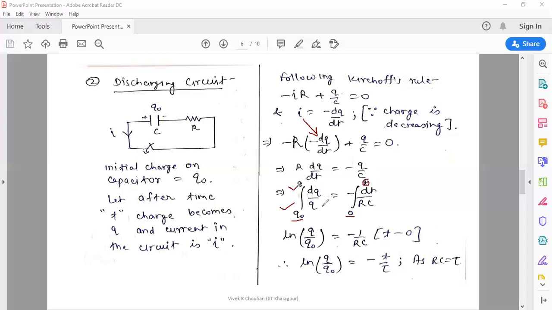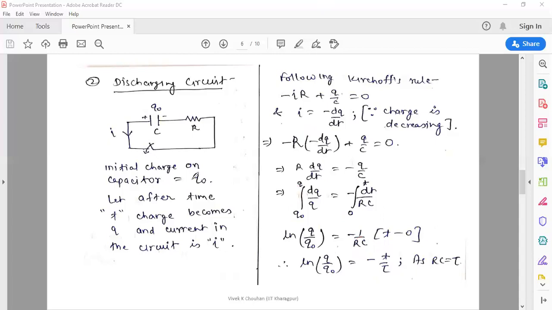After integrating and putting the limits, we will have log of q by q naught equals minus 1 by RC into t by t minus 0. Again, RC was the time constant of the circuit, so we have just put this value over here.